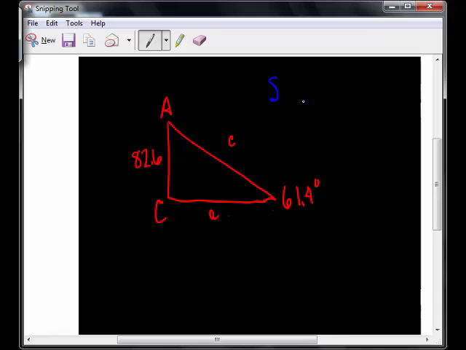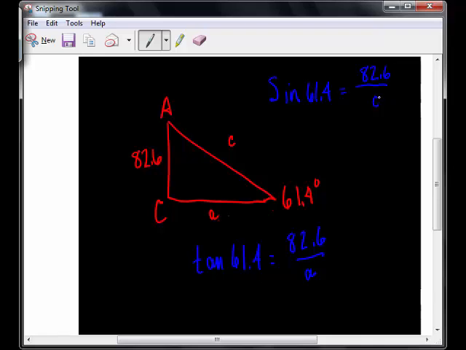So the sine of the 61.4 is the opposite, 82.6, over the hypotenuse, C. And then the other side we can find using the tangent of 61.4 is opposite, 82.6, over adjacent, side A.